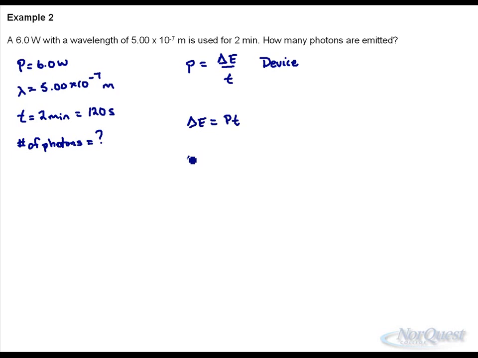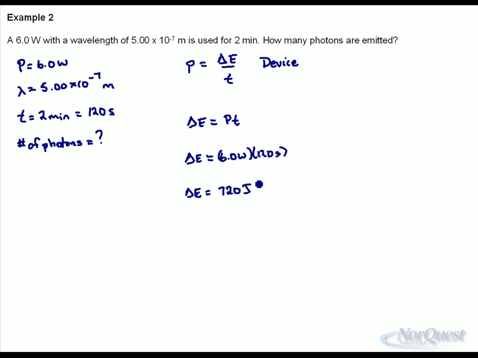So change in energy is going to equal 6.0 watts times 120 seconds. 120 times 6 will give us 720 joules of energy. So there are 720 joules of energy total being emitted in 2 minutes.